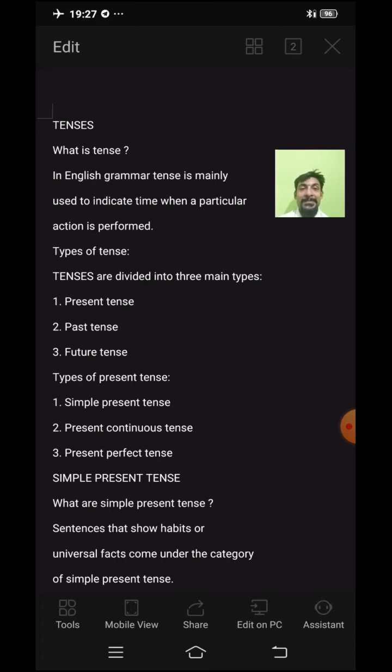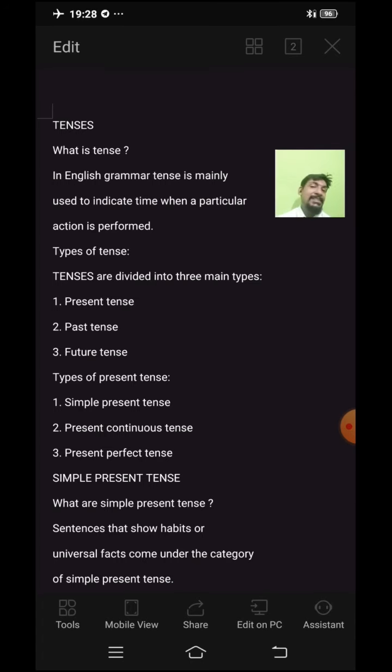But I will try to make it as easy as possible for you. Means after viewing this video, I don't think this chapter will seem a problematic chapter for you guys. Like me, you will also say that this is the easiest chapter in your whole English grammar book. So without any further delay, my dear students, let's start.